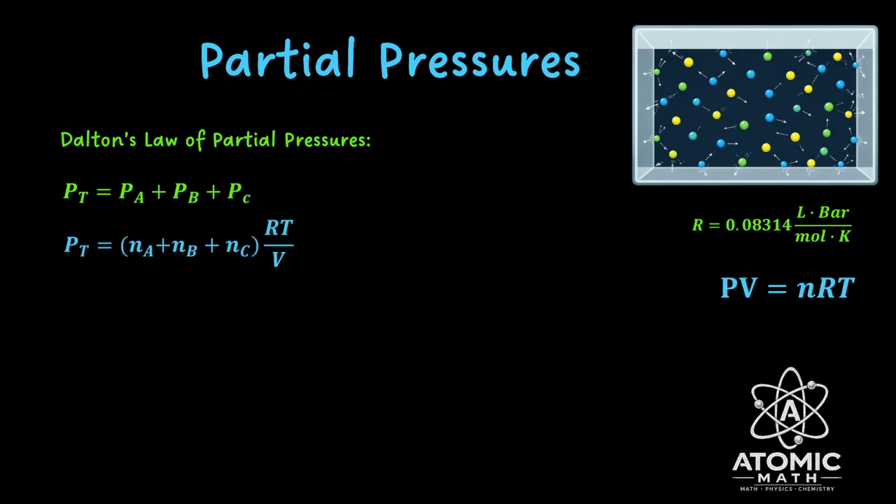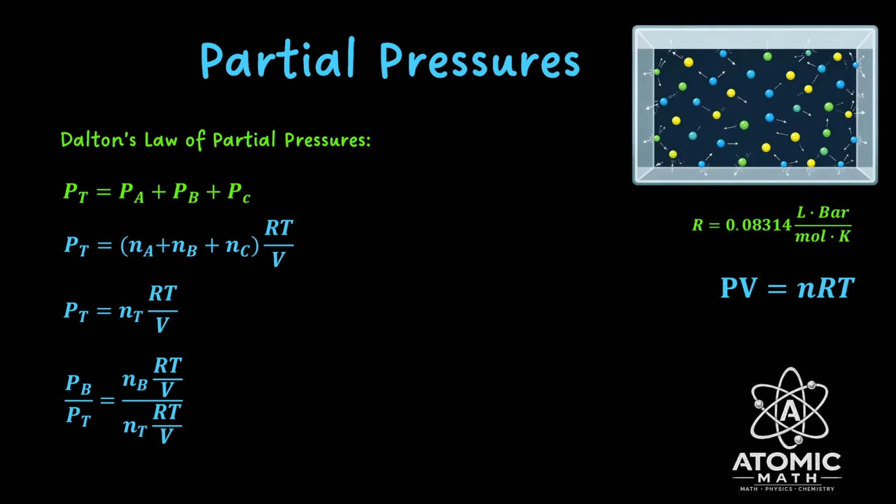So our total pressure is equal to the sum of the number of moles of each gas times our constant values. Now, the sum of the moles of the 3 gases is just the total number of moles in the container. So we can also just say that the total pressure is equal to the total moles times the constant times temperature divided by volume. So if I wanted to know the ratio of the pressure of gas B, let's say, I could write it like this.